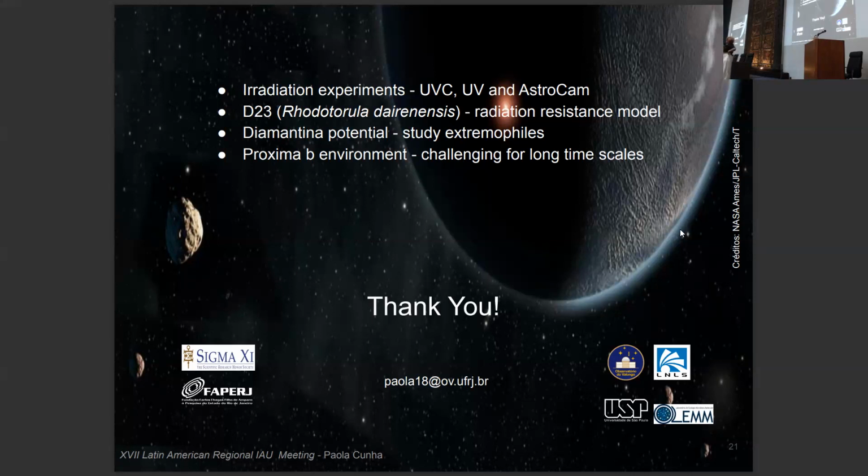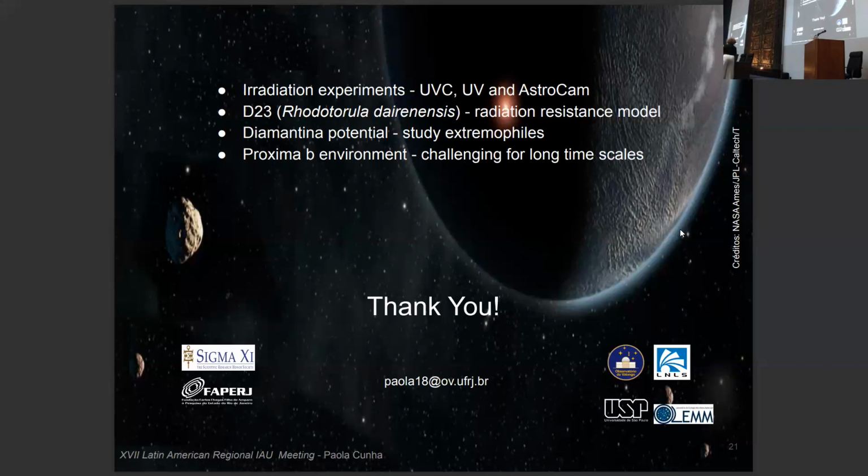Okay, about radiation, it's kind of difficult to say what is a super extremophile resistant to radiation. I didn't show you, but there is a similar experiment for saline solution using a UVC lamp using Deinococcus radiodurans. I don't know if you know it, but it's an interesting model to study radiation resistance.